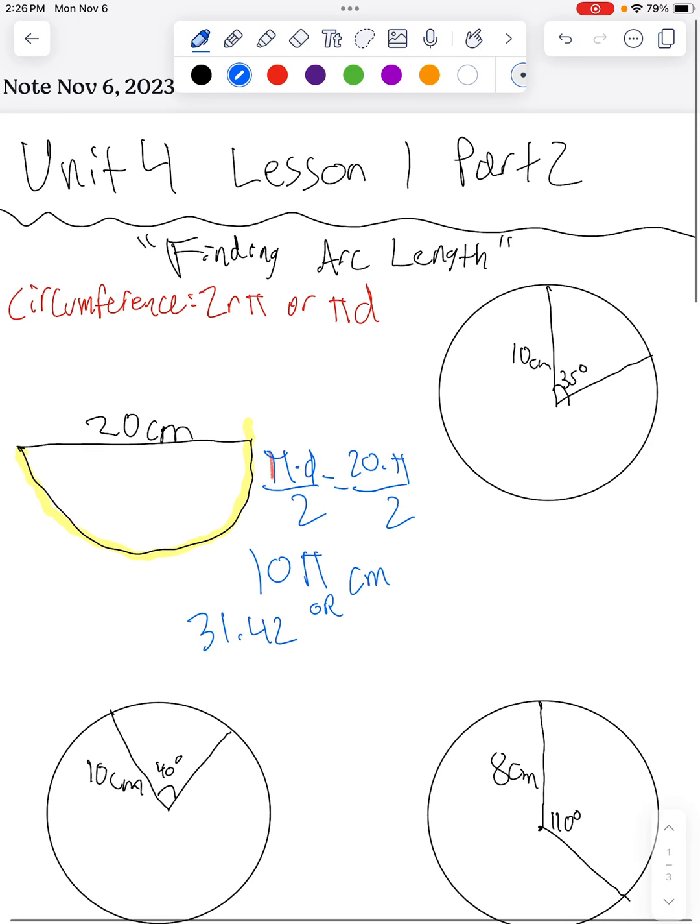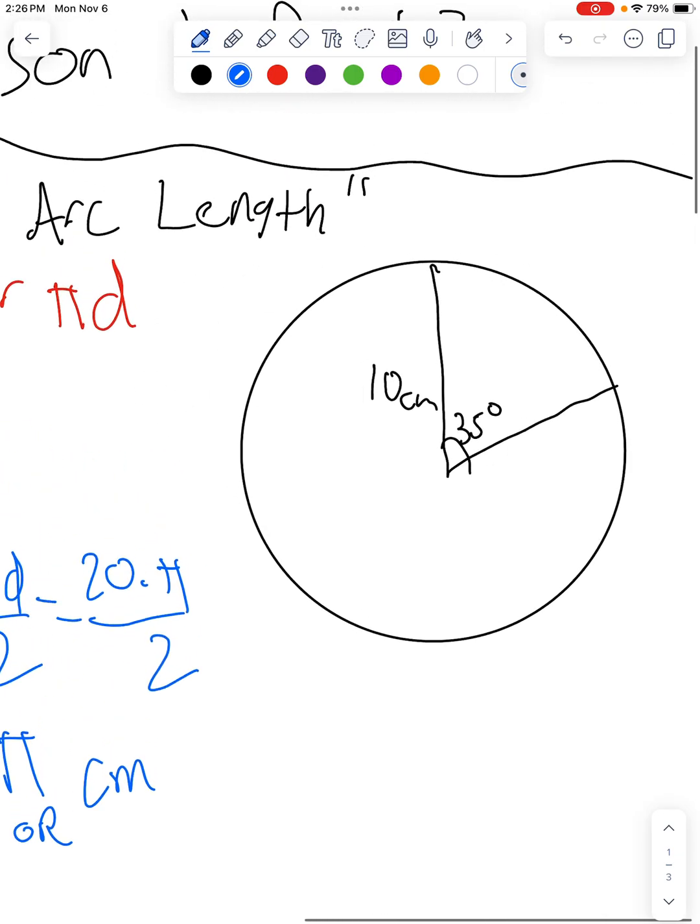All right, let's look at, well, what if it's not just a nice fancy half circle? This is going to be a little bit more tricky because the angle is 35 degrees. Well, we're going to create a proportion. And again, what we did a lot of in geometry with proportions is part to whole.